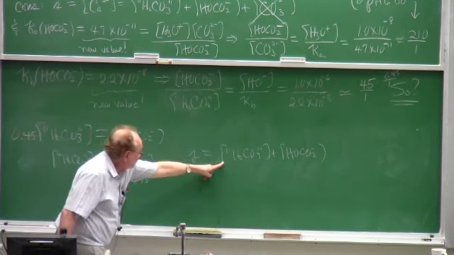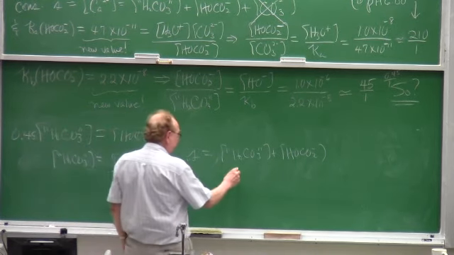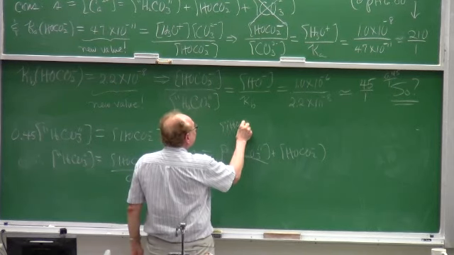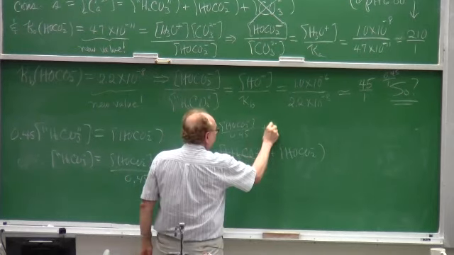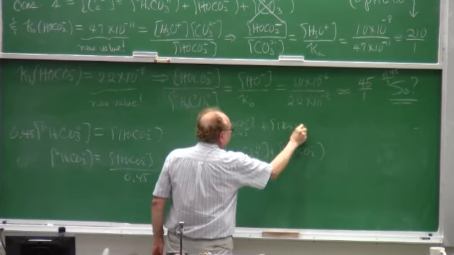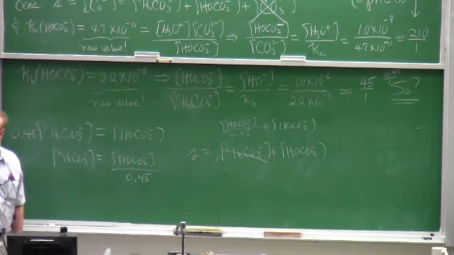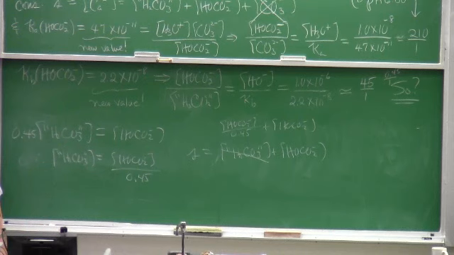So I'm going to take this and replace it by this, from which I get a relationship between bicarb and S. That's all there is to it.